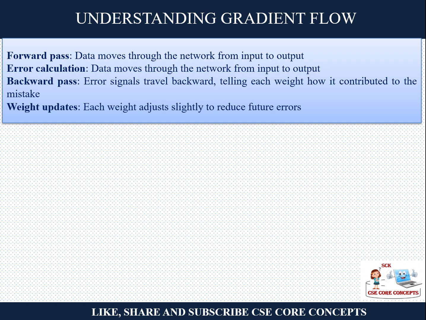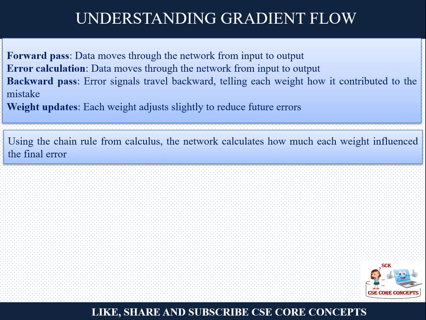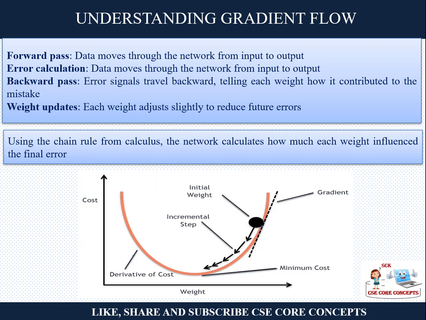It is telling each weight that because of your values we got a mistake. In weight updation, each weight adjusts slightly to reduce future errors. This updation of the weights is done using the chain rule. From calculus we have seen that it is done by performing differentiation. So the network calculates how much each weight influences the final error.